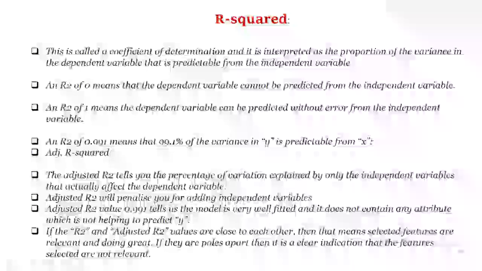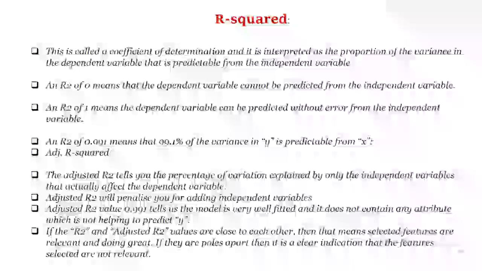There are also a few questions related to R squared and adjusted R square. Adjusted R square tells you how you can pick the independent variables. Let's say your model has 10 independent variables and you have trained that model on those 10 independent variables, then obviously it gives you some adjusted R square.